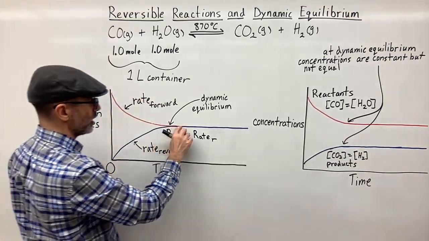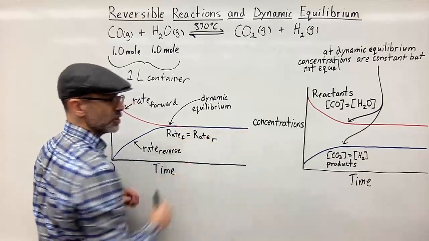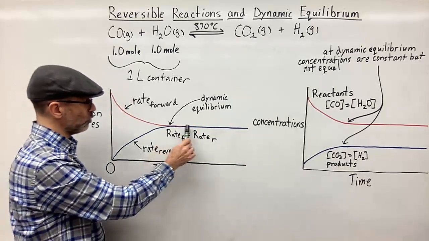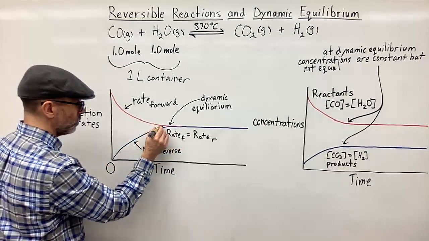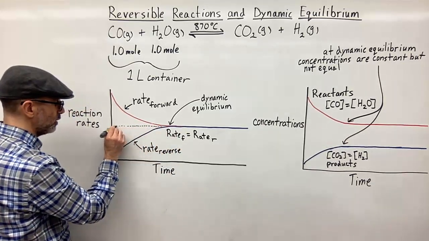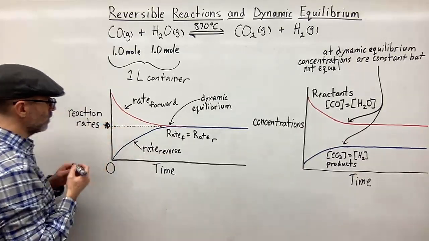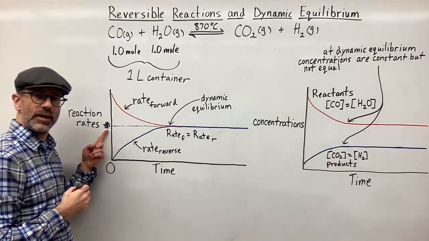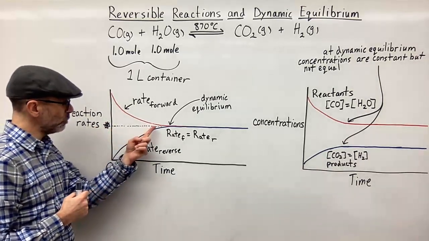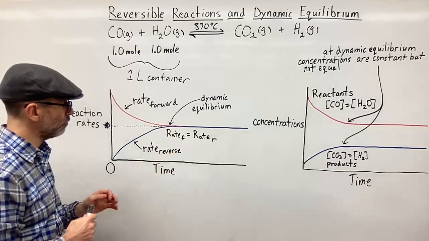And at this point here, we've reached dynamic equilibrium since both rates are now equal. They've reached the same point. If I can draw a dotted line here, whatever that rate is, that's the equilibrium rate for both. So the rate of the forward is equal to the rate of the reverse.